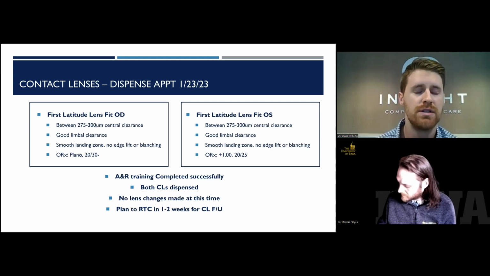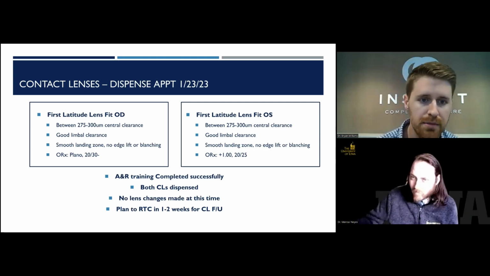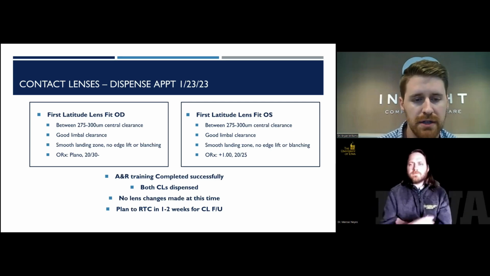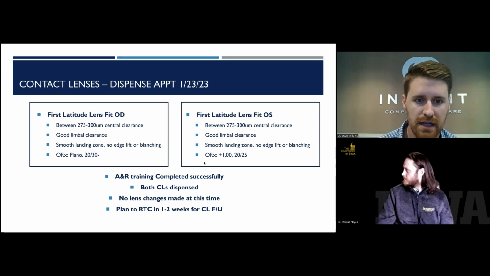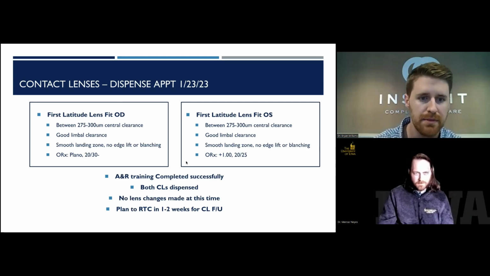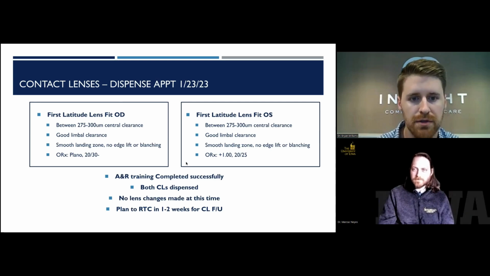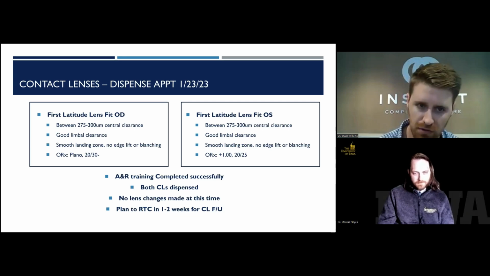They want to allow these lenses to settle onto the eye over the course of a week or two before making any big changes, because once they get into their lockstep type fit, they can settle very comfortably and effectively. Between both lenses here, the first dispense was between 275 and 300 microns of central clearance.